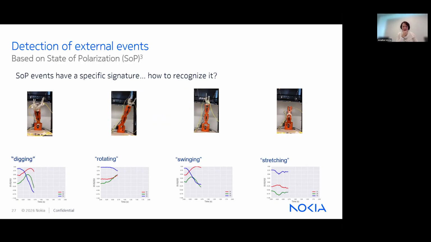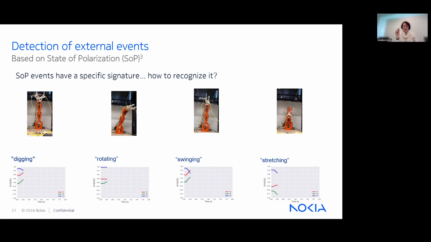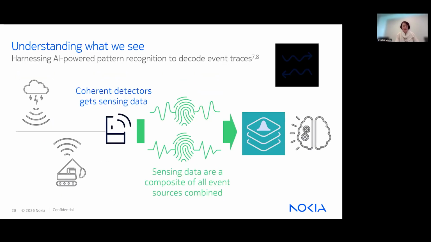What we can observe is that each of these movements has a different signature on the SOP variation. And so in the end, we can say that we have a proper signature associated to each event. And at this point, the AI algorithm comes and helps us.